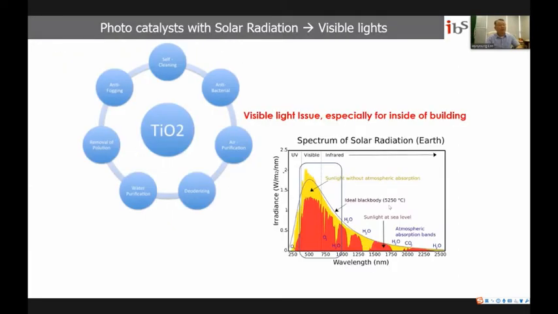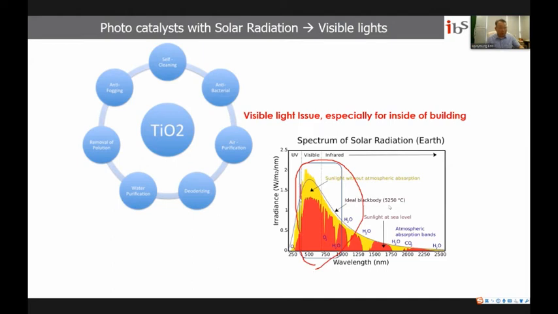As you can see, people are looking for black TiO2 because it can use visible light and infrared light, especially visible light.